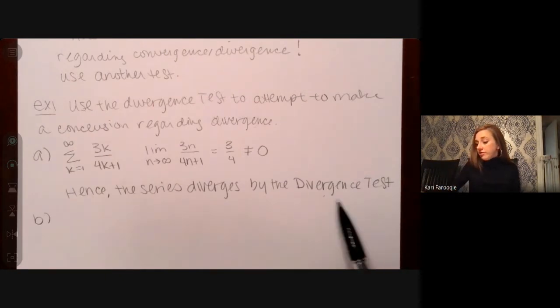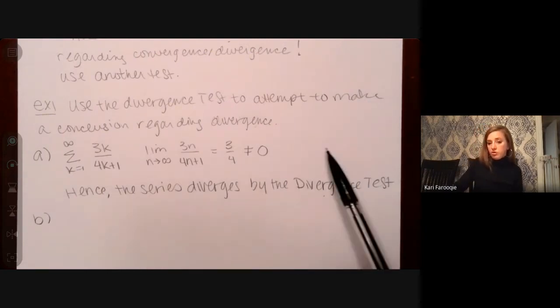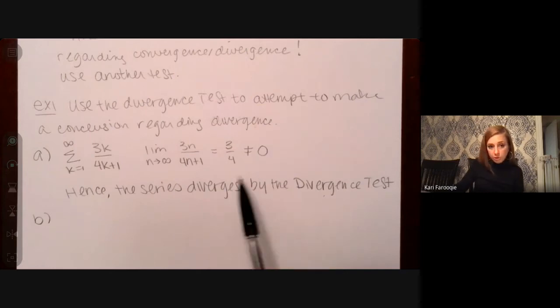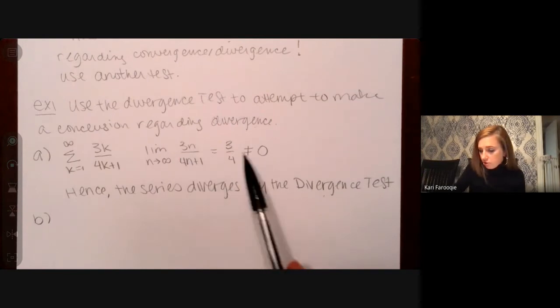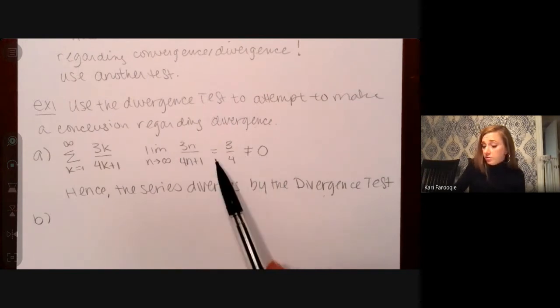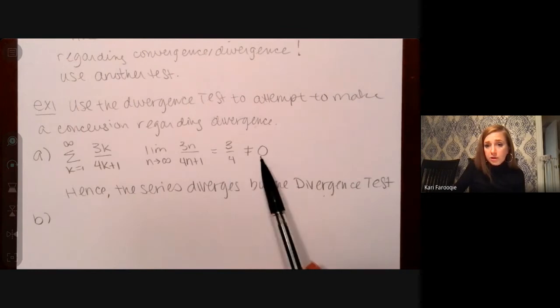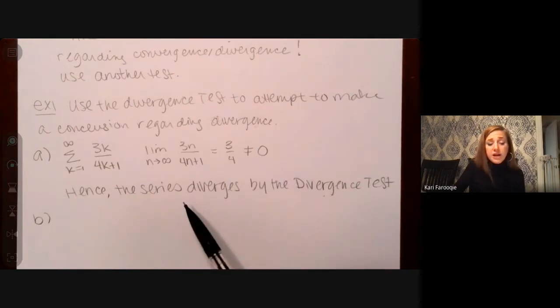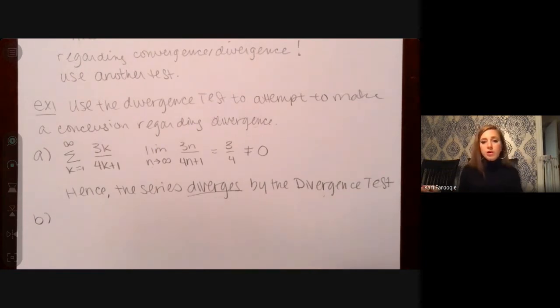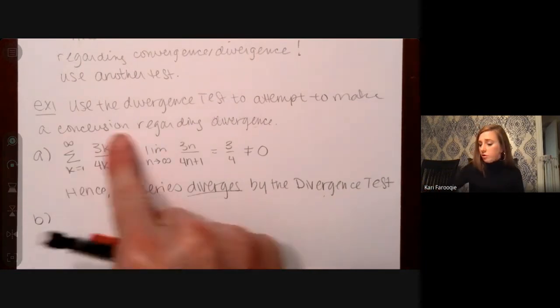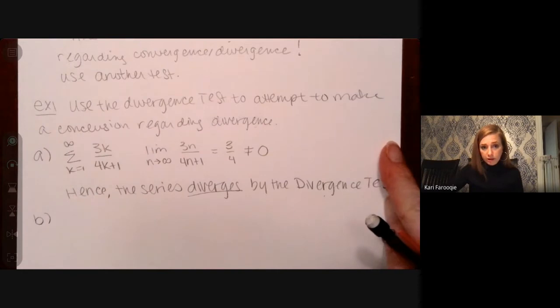So you're going to tell me that you used the divergence test at some point, whether you say it here at the end or whether you just write down divergence test. You're going to show me that you applied the limit, and you're actually going to write down the limit as n approaches infinity of a sub n, and then show me that it doesn't equal 0. Don't just say equals 3/4. Show me it doesn't equal 0. Then make your conclusion, which is that the series diverges by the divergence test. This is what an answer on your exam should look like.